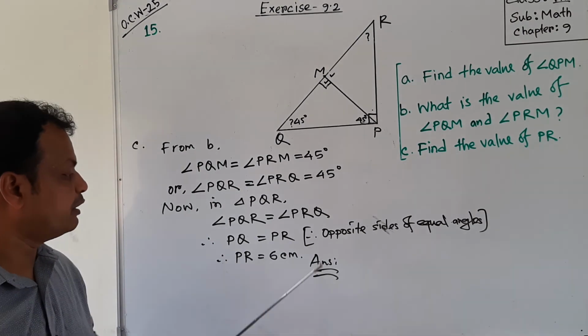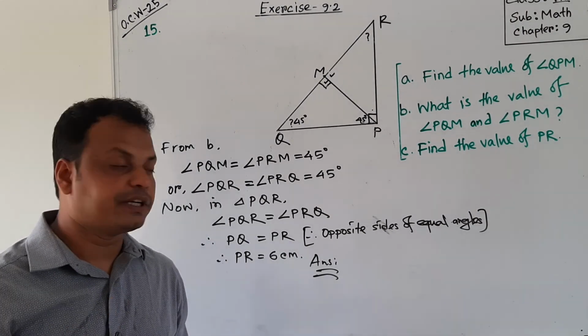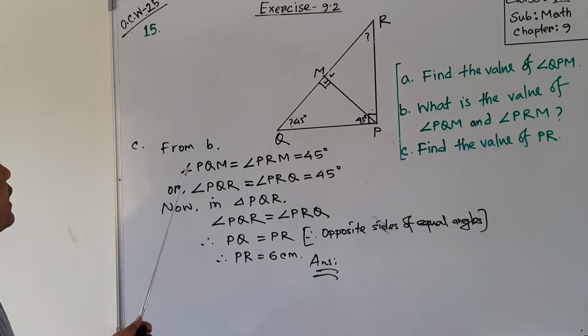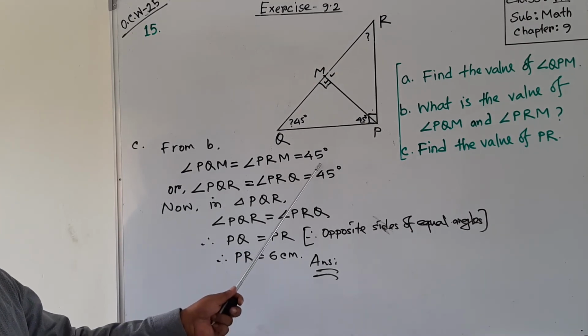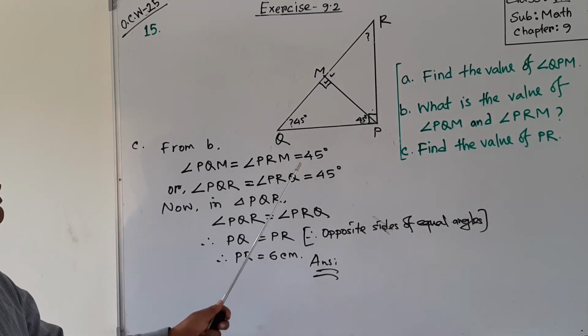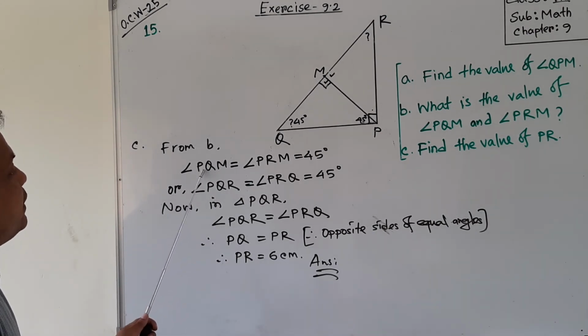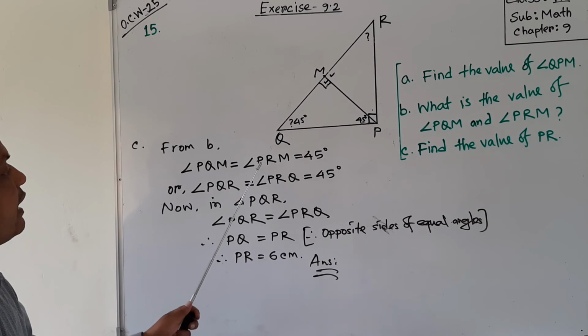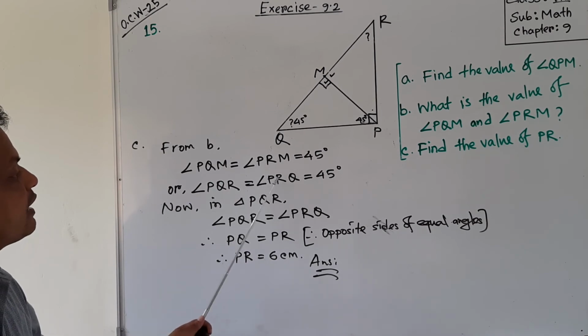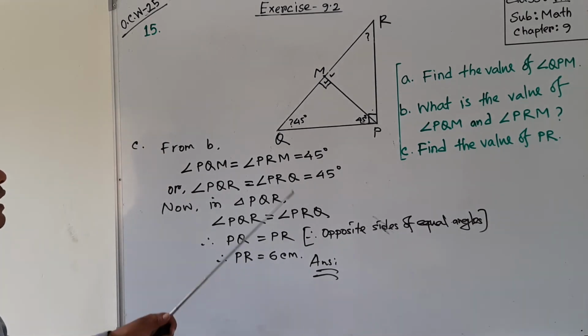So we have got the value of PR. I want to repeat this one. From B we have got angle PQM equals PRM equals 45 degrees. Now we will call angle PQM as PQR and PRM as PRQ, equal to 45 degrees.